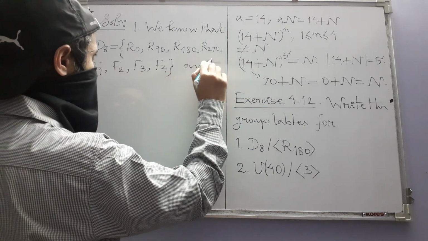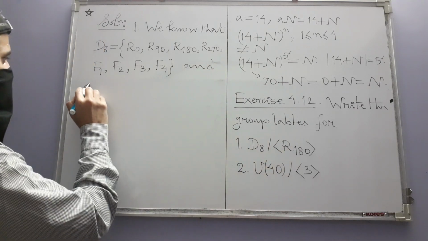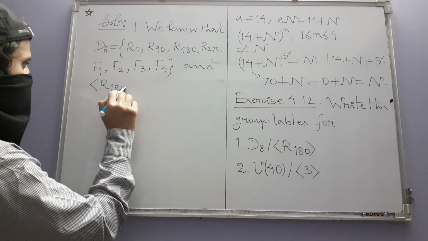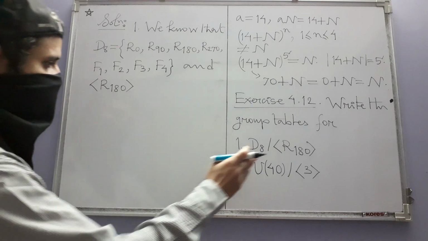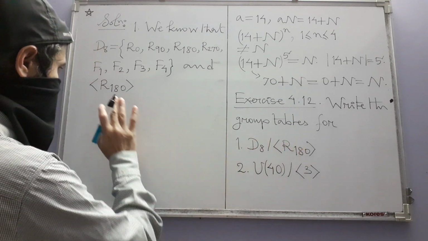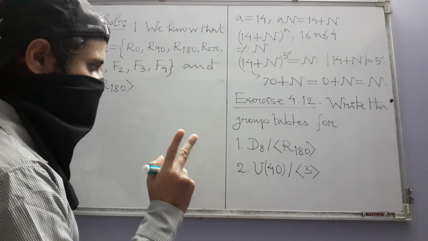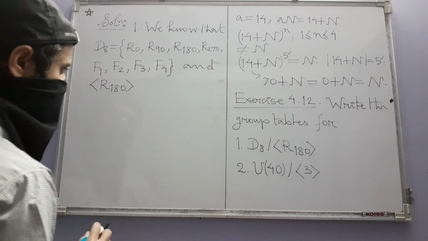And we also know what this cyclic group is. Because every, okay, I was thinking it's a reflection. No, it's a rotation, but this particular rotation has order 2 in this group because it's 180.